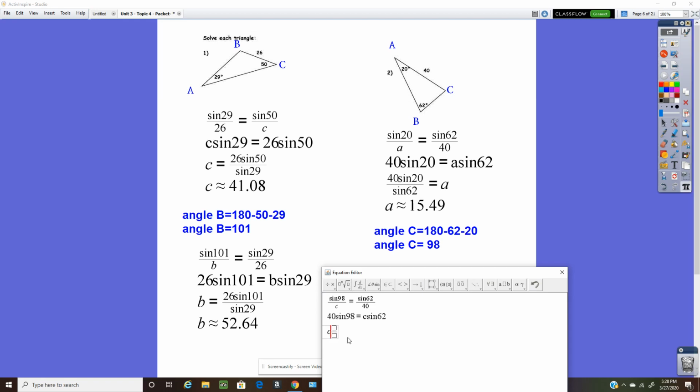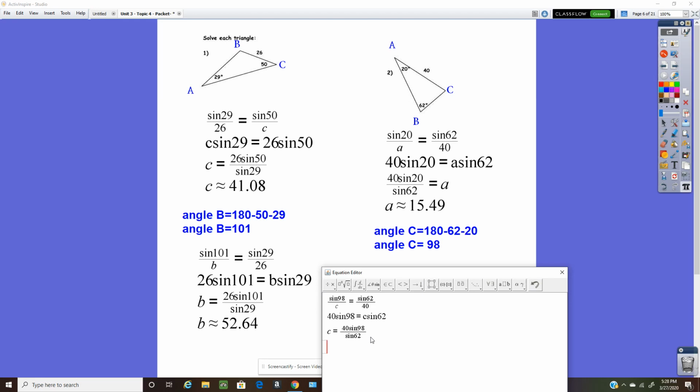And so when I put that on the calculator, 40 sine of 98 divided by sine of 62.